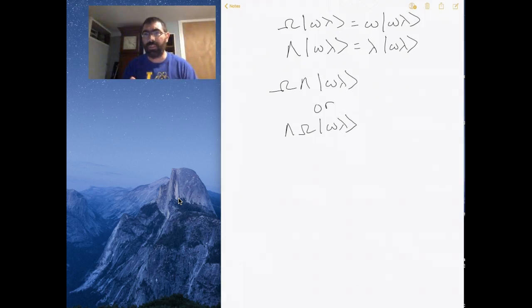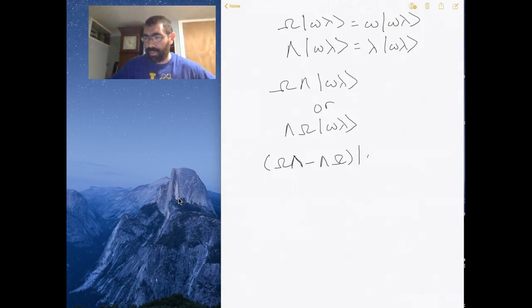To test this, we try both of them and subtract them. So we have the quantity omega lambda minus lambda omega operating on this simultaneous eigenstate, which is basically the commutator operating on this state.